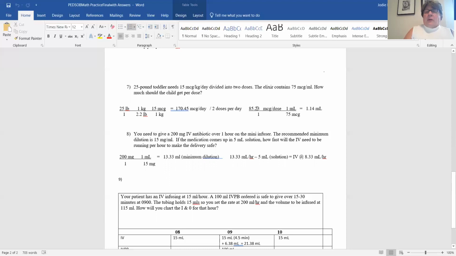So 85.23 micrograms per dose is what you get when you divide this by the 2. And 75 micrograms comes in each milliliter. So how much will the child get per dose? This is the per dose amount. It's going to be 1.14 milliliters.